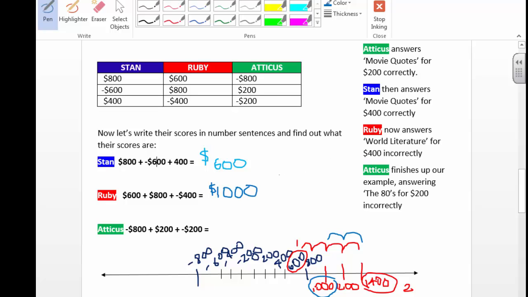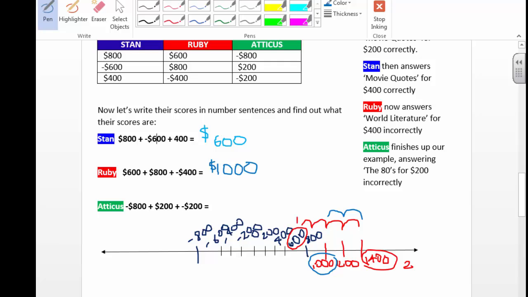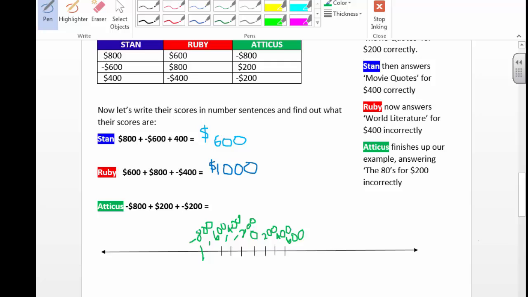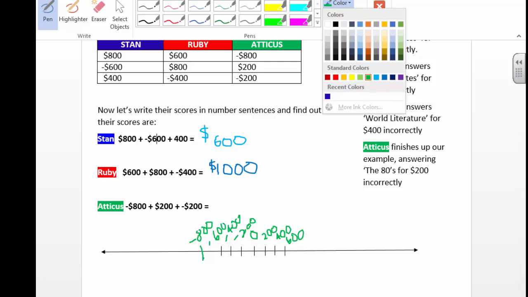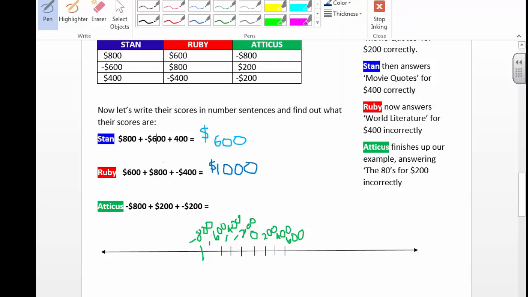Now let's look at how Atticus did. So we're going to start here with Atticus. He started with an incorrect answer, so he's got a negative number. So we're going to go minus 800, and this is where we're going to start with Atticus. Now, he gained $200 with his next question, so we're going to move $200 over to the right because it's a positive number.